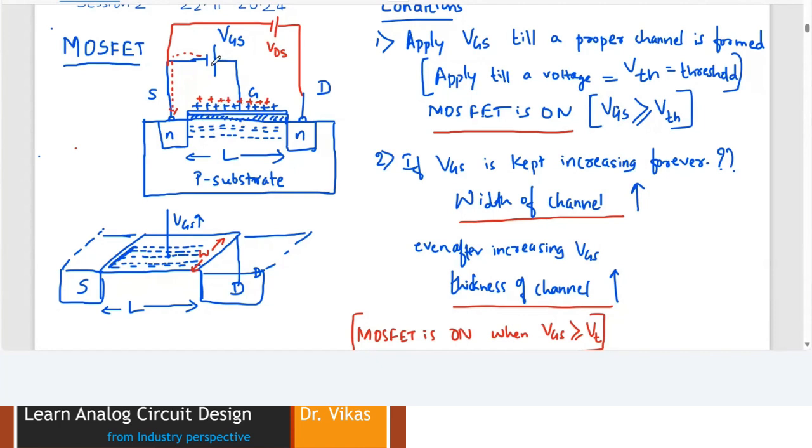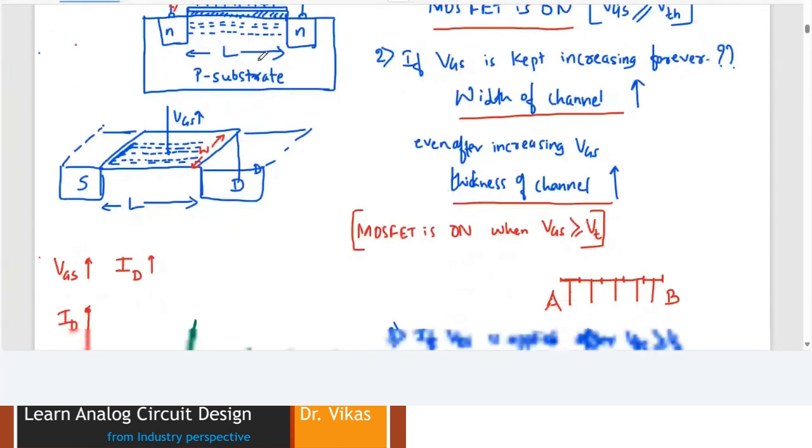In the off state, if I apply VDS, it will push the extra electrons, but they will not be in a condition to reach the destination drain. So whenever you apply VDS, it is assumed that VGS was applied and the MOSFET is on.